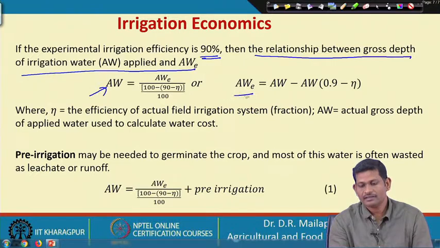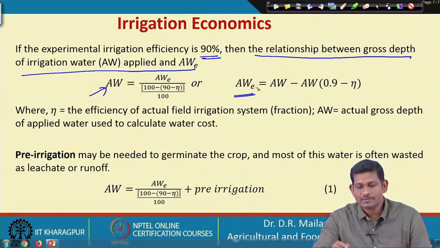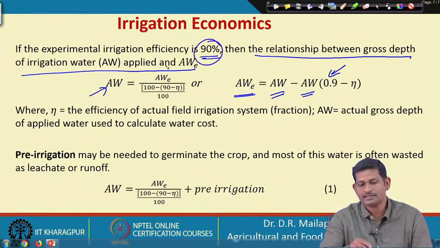Or, the experimental depth of water applied equals the gross depth of water minus the gross depth of water into (0.9 minus n), where n refers to this 90 percent.